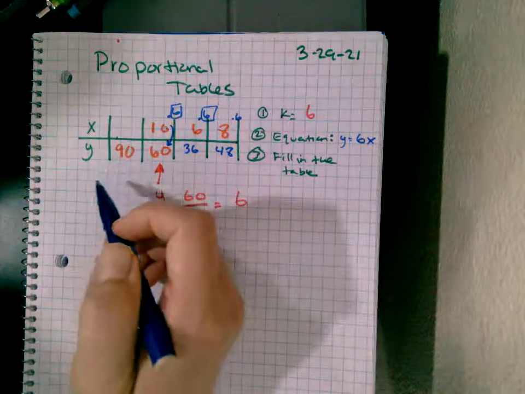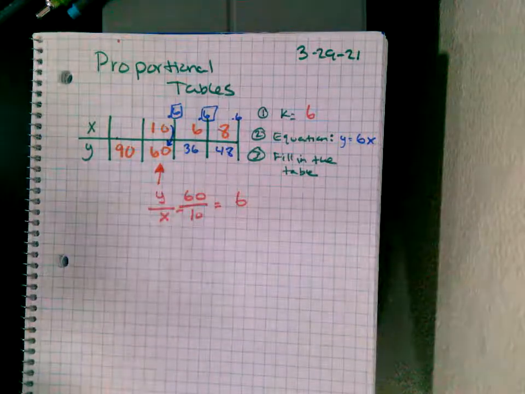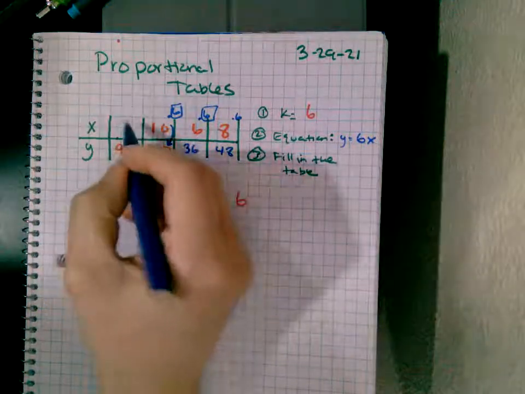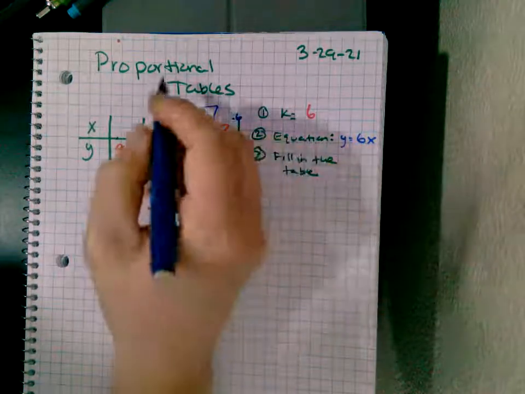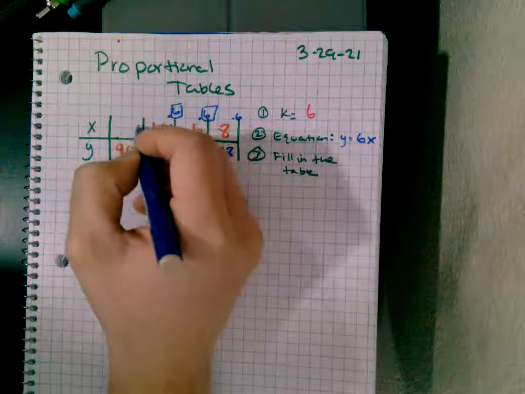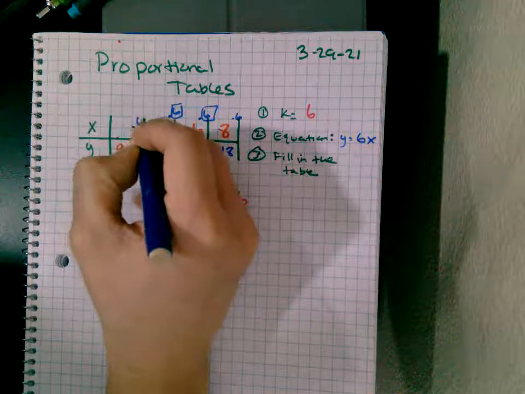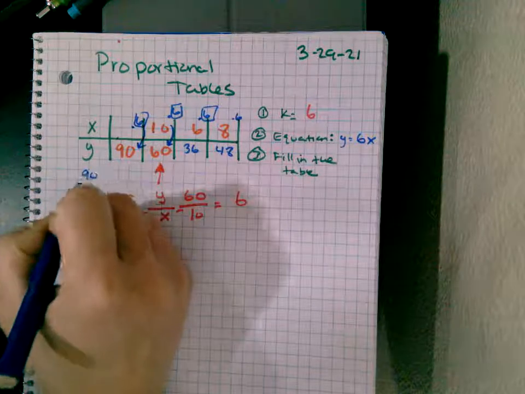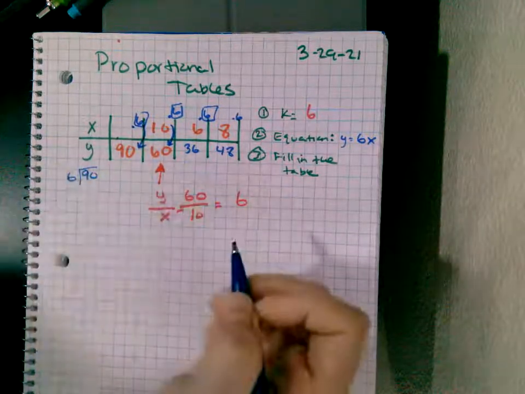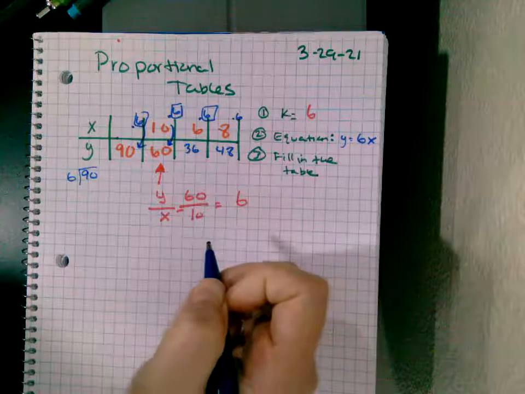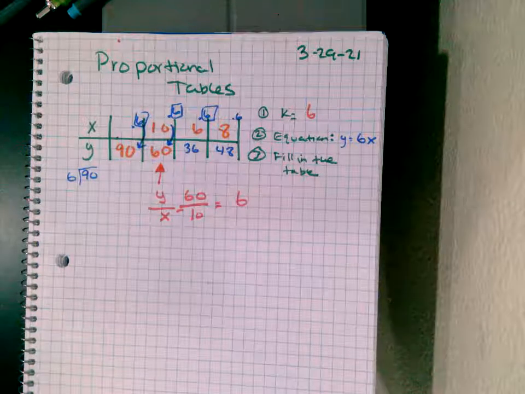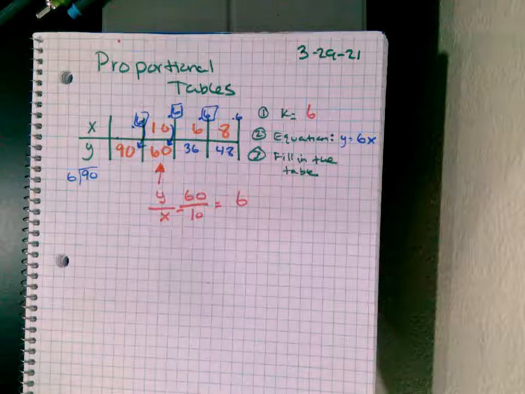Now, this one's a little bit more hard. When you go backwards, you're going to divide, or you can think of, okay, what number can I multiply times 6 to get to 90? Or I can do 90 divided by 6 to go to x. However you want to think about it. So what's 90 divided by 6? Or what number times 6 is our magical 90?